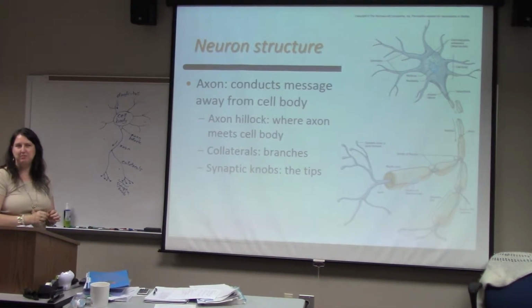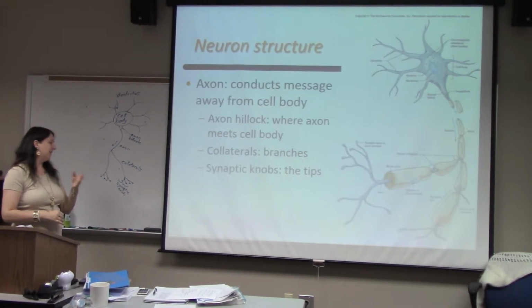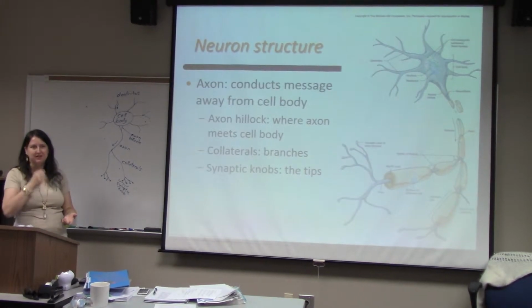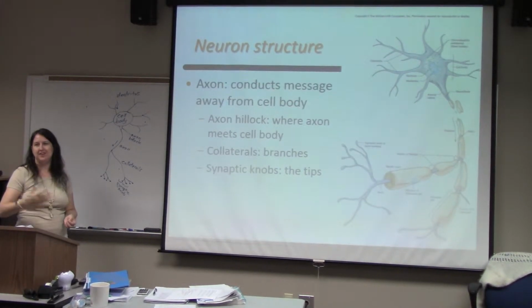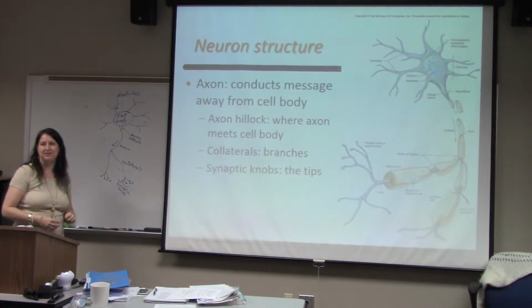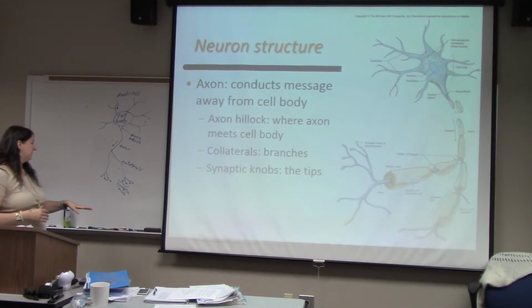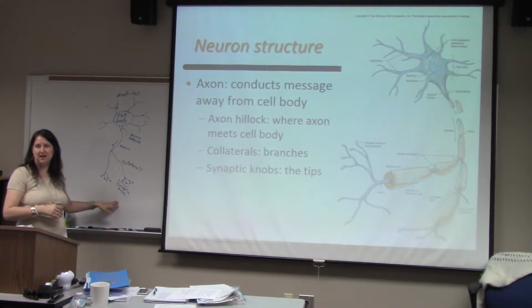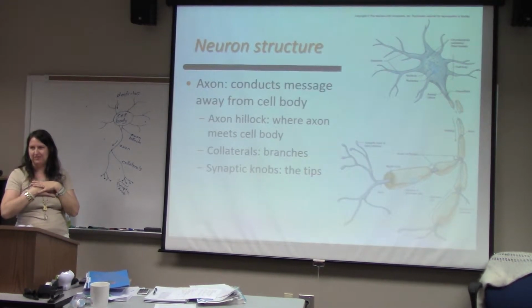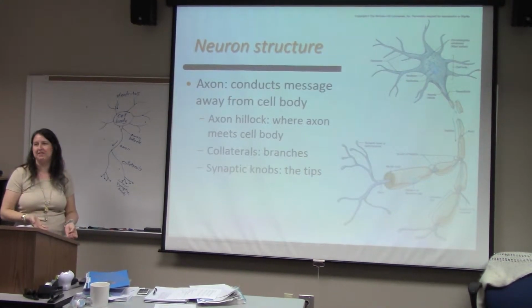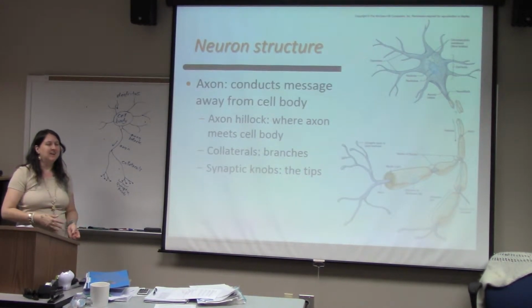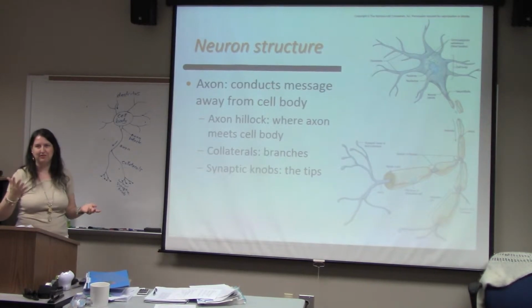There's a psychology book, I don't know if you use it here, that calls them synaptic bulbs. I've seen them called synaptic buttons, axon terminals, all kinds of different things. So because our textbook says synaptic knob, that's what I'll use on a multiple choice or something. But for a fill-in, I'll take any of the names I've heard for it.